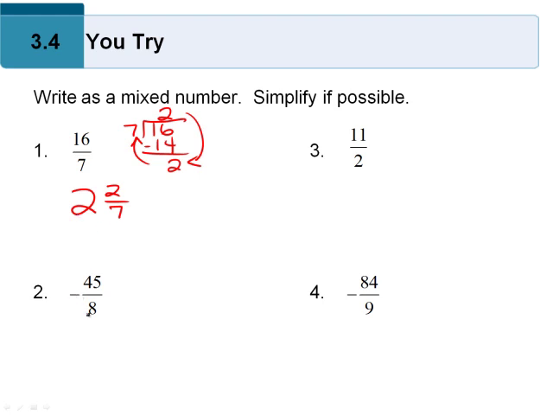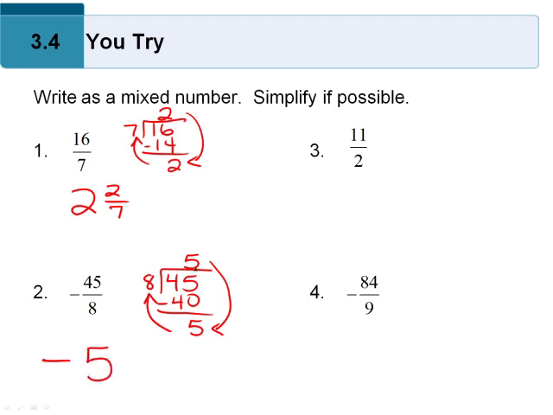All right, negative 45 over 8. So I'm going to divide 45 divided by 8. And let's see, 8 will go into that 5 times. That's 40. And we're left with 5. So for our mixed number, don't forget the negative, I'm going to start with the top number at the quotient part, 5, and 5/8.